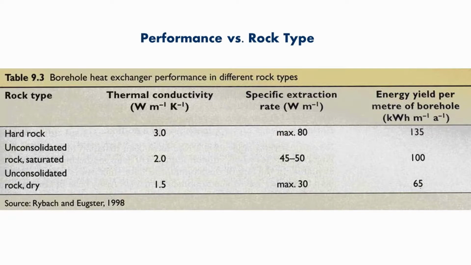With unconsolidated rock which is saturated, you have an extraction rate of 45 to 50 watt per meter and an energy yield of 100 kilowatt hours per meter per year. And with unconsolidated dry rock, you have a thermal conductivity of 1.5 watt per meter Kelvin, and a specific extraction rate of 30 watt per meter, or an energy yield of the borehole of 65 kilowatt hours per meter per year.